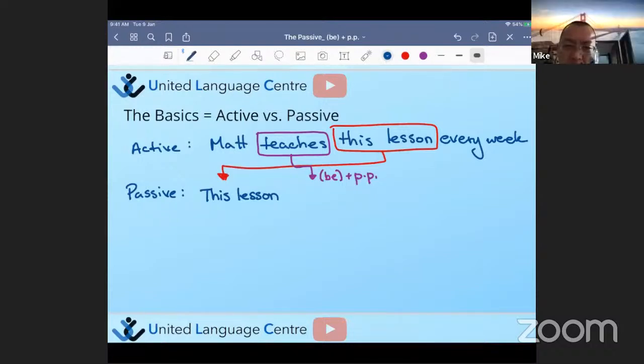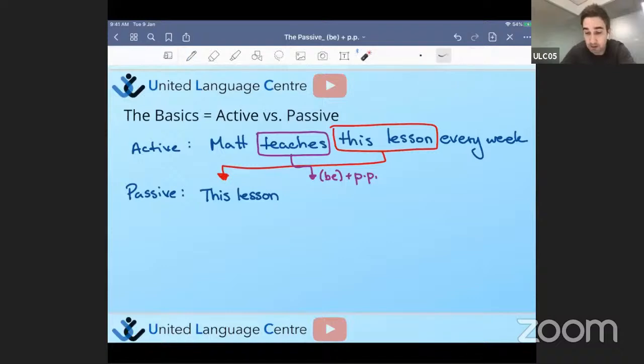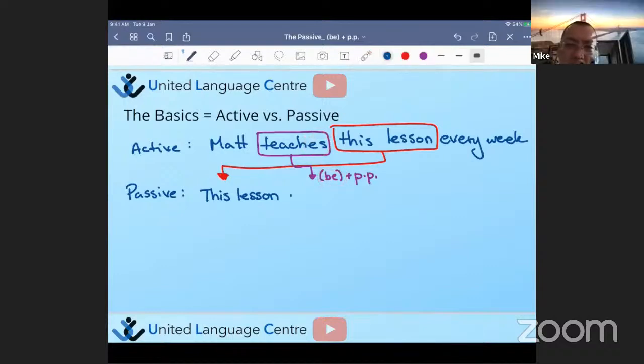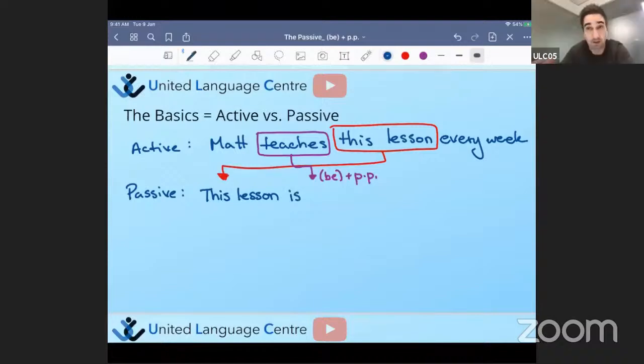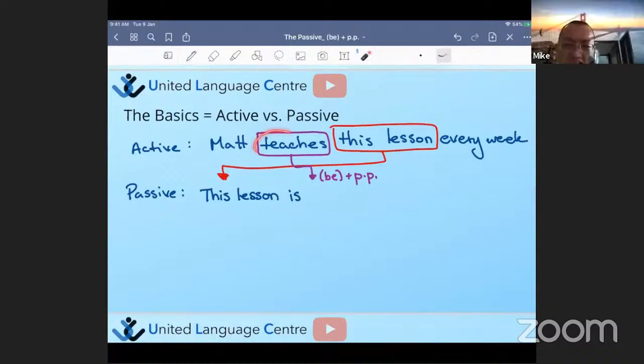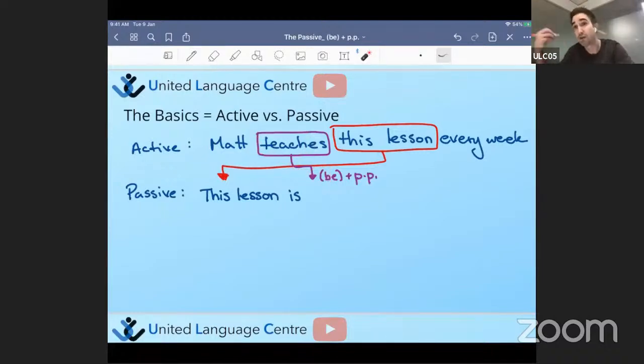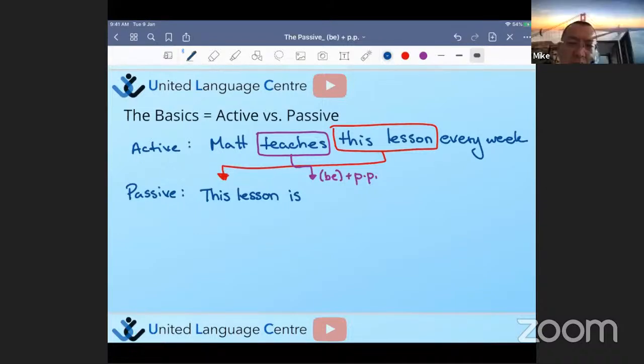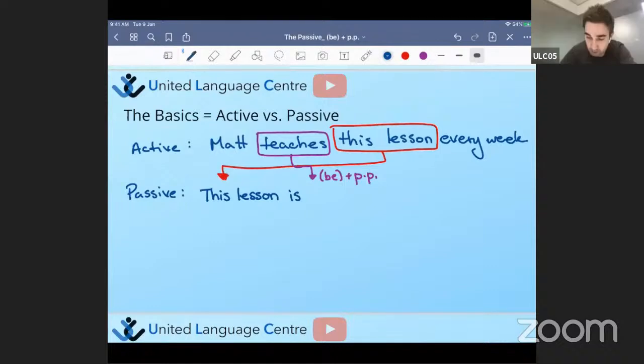In this case, this sentence is present, so we're going to use a present form of be, which is 'is'. Then we look at the verb and find the past participle of that verb. So teach, taught, taught. It's really important that you study the past participles, verb 3. So this lesson is taught.